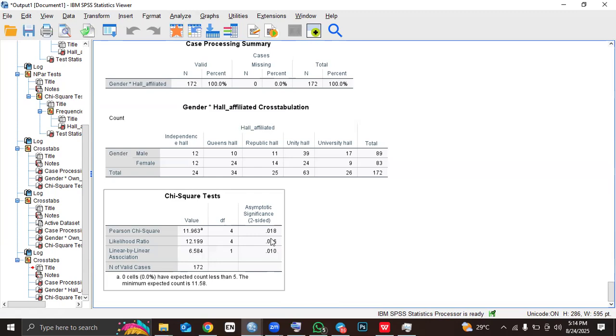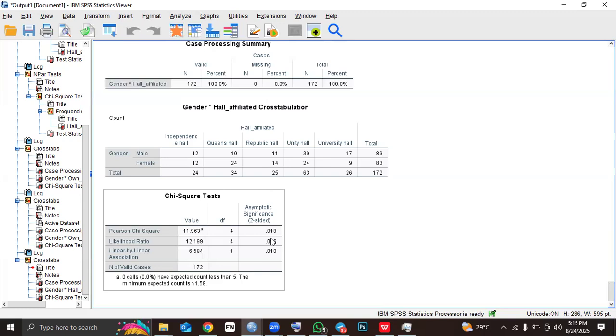So from here, if we compare the p-value to the standard, which is 0.05, we can see that our p-value is less than 0.05, and hence we can conclude that from this example there is a significant association between gender and hall of affiliation.